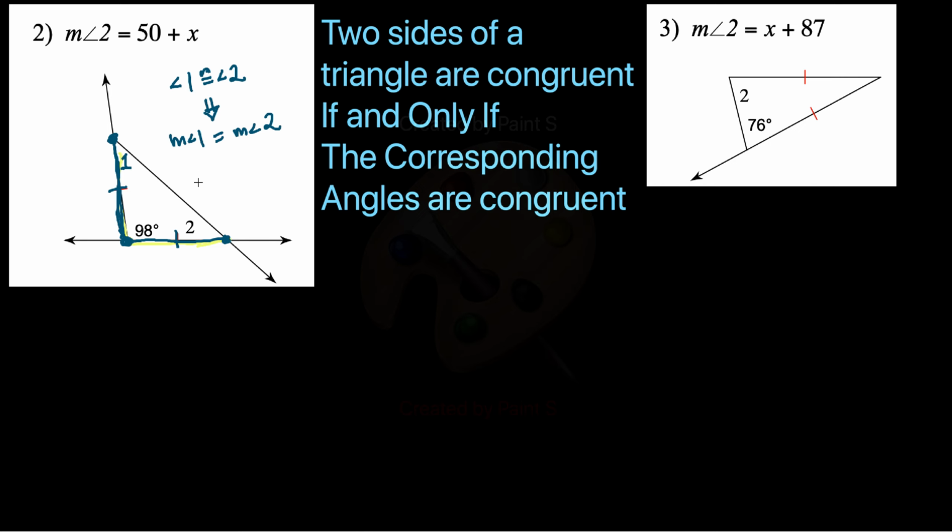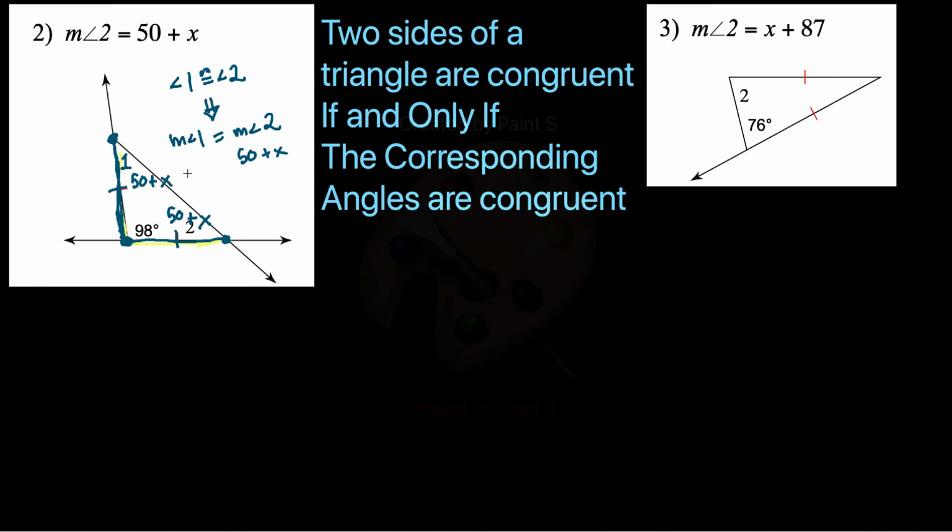Now I know I have an expression for the measure of angle 2, so I know that's the same expression for the measure of angle 1. So 50 plus x, this is 50 plus x. That's the measure of 2. But if that's equal to 1, then this is also just 50 plus x.